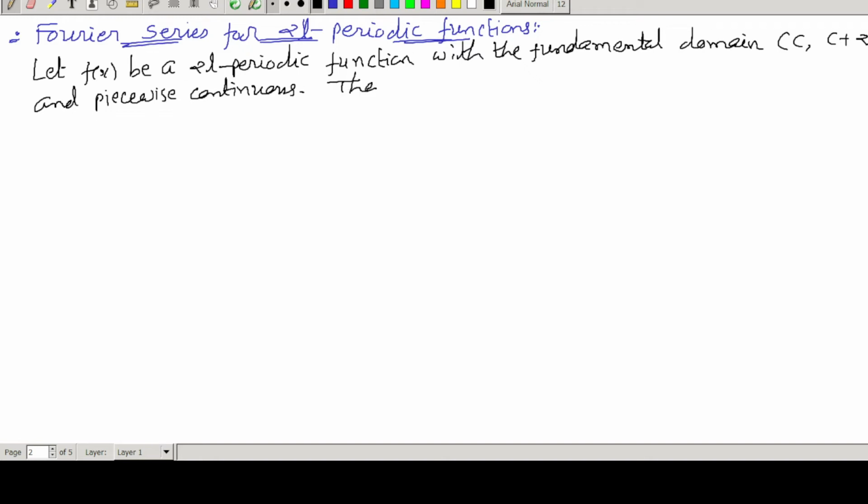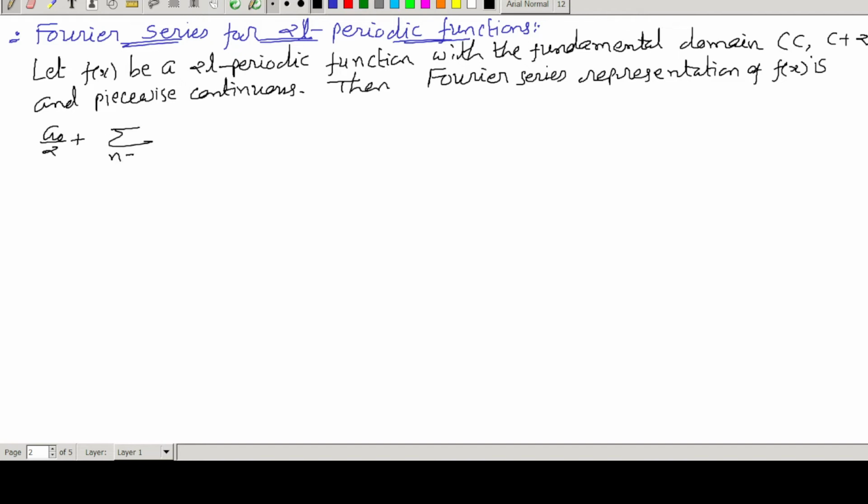Then Fourier series representation of f of x is same thing. We have a0 by 2 plus summation n equal to 1 to infinity an cos nx, we were writing nx.